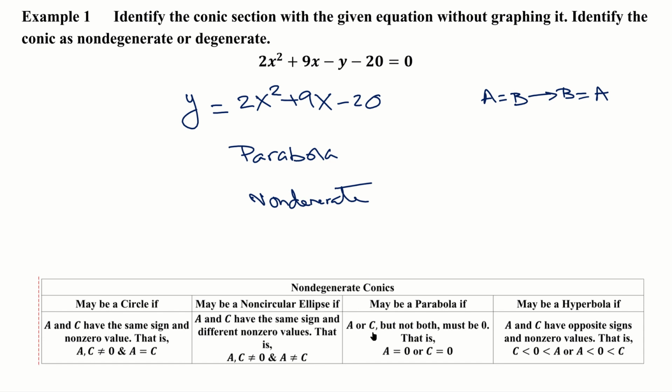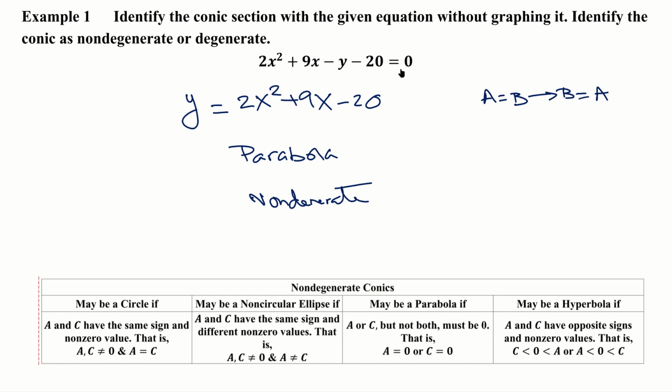Okay, I brought this over for us because I wanted you to see that it does indeed satisfy this condition, which is that a or c, but not both, must be 0, right? And a and c, remember, are the coefficients of the square terms. So a was the coefficient of x squared, and c is the coefficient of y squared. And notice here c is 0 because there's no what?